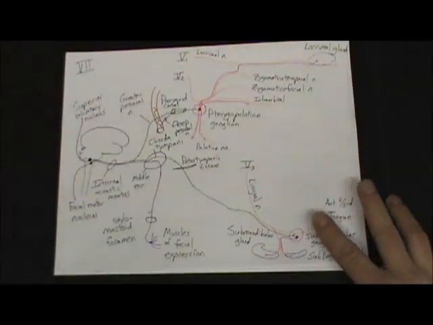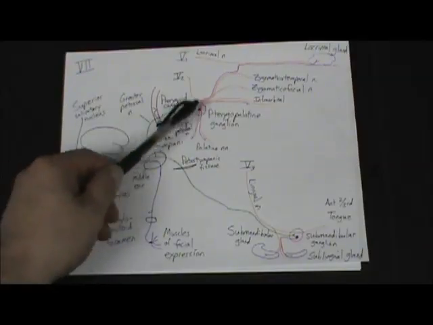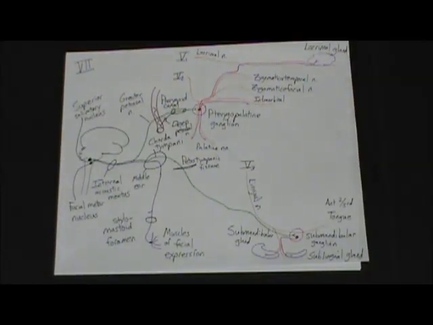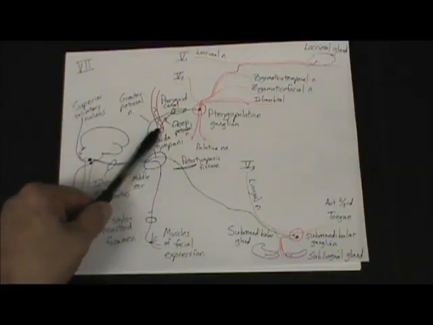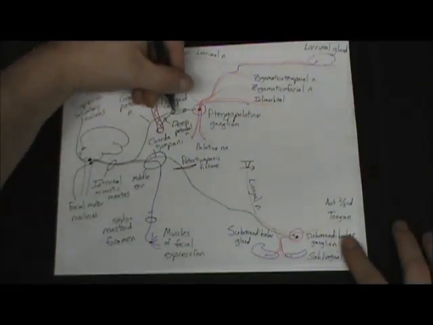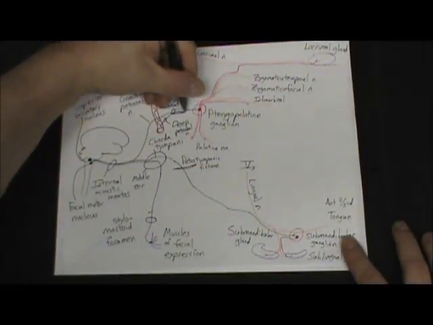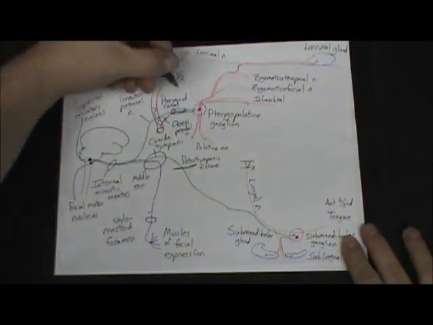nerve. So remember, greater petrosal, 7 to pterygopalatine ganglion, lesser petrosal, 9 to otic ganglion, and deep petrosal are postsynaptic sympathetic axons that travel through the pterygoid or Vidian canal, get here, and just like before, they get to the pterygopalatine ganglion, but they do not synapse there.